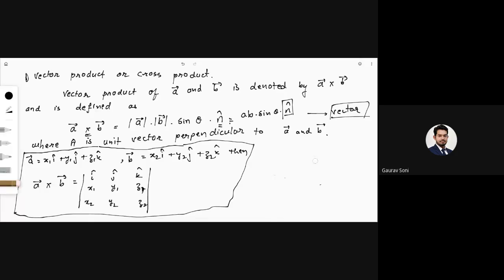Next. Scalar triple product, or it is also called the box product.